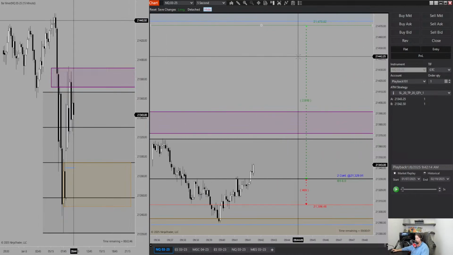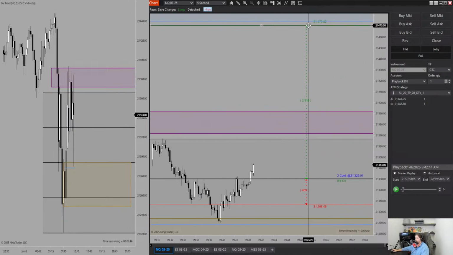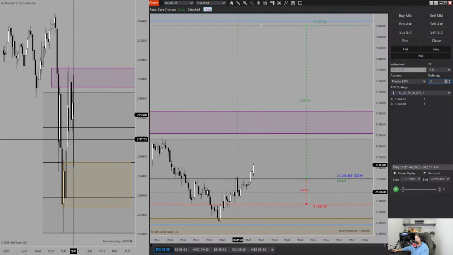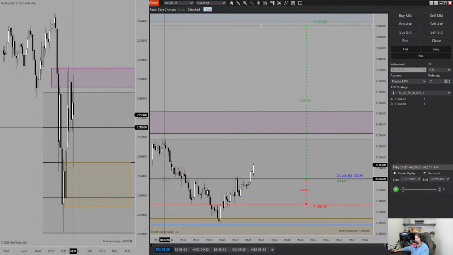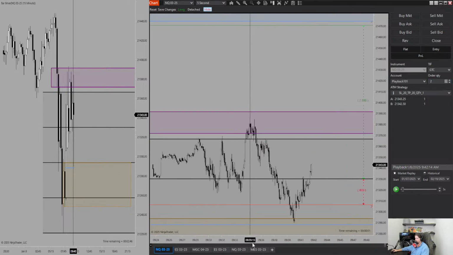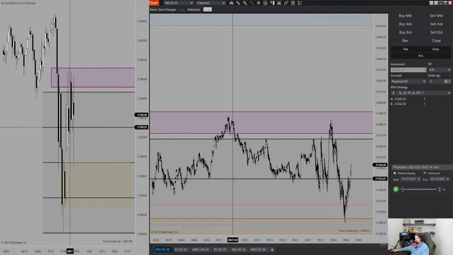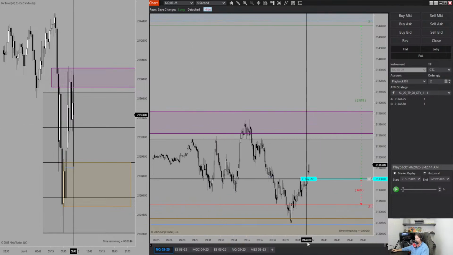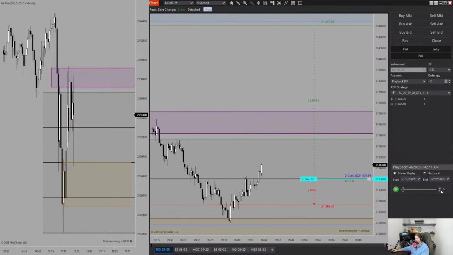But for entry, if we can get a retest right here on this line, 2 contracts. All right, let's try that. 2 contracts at, call it, 21,330. Perfect. Order submitted. All right, let's see if it comes back, taps us in. It might not.